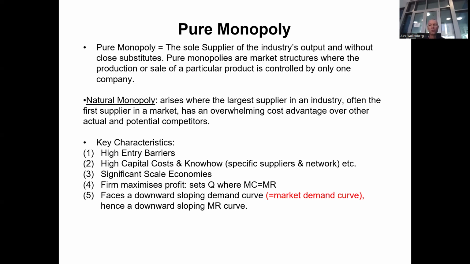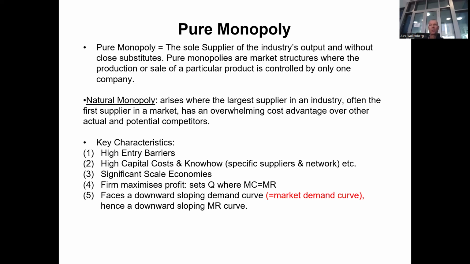Now let me talk about the concept of natural monopoly. Monopolies tend to have a bad reputation, and we'll explore the reasons why. Of course, they have a bad reputation for valid reasons, but not all monopolies are a result of government protection or outside interventions or some sort of protectionist measures.